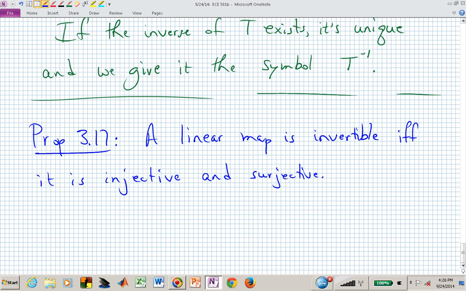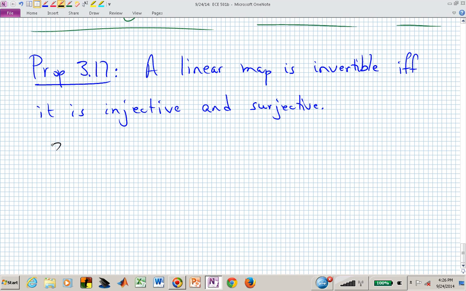That means we need our linear map, if it's invertible, to be 1-to-1 and onto. If our map is 1-to-1 and onto, injective and surjective, then it's invertible, or vice versa. If it's invertible, it's injective and surjective. I will let you see the book for that proof, or maybe for a formal proof.